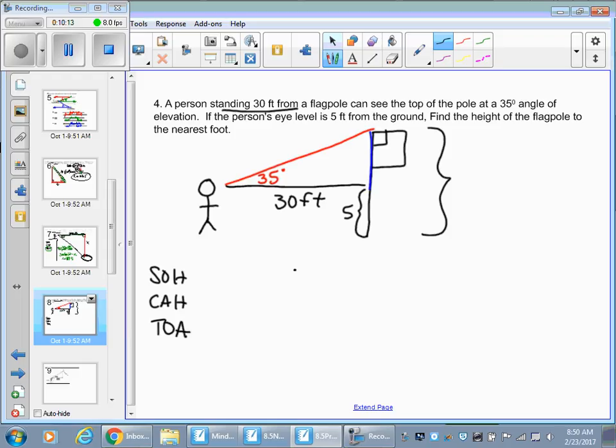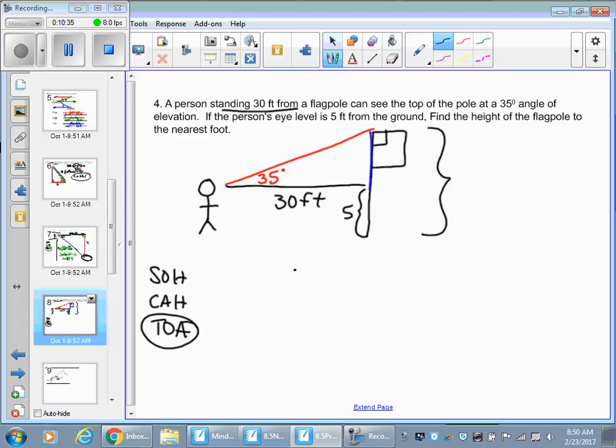That's going to be opposite, and the 30 feet is adjacent. Opposite and adjacent, so we're going to end up with tangent.